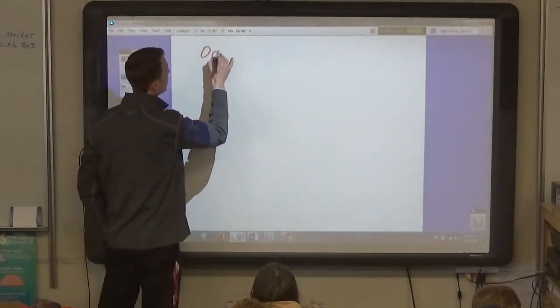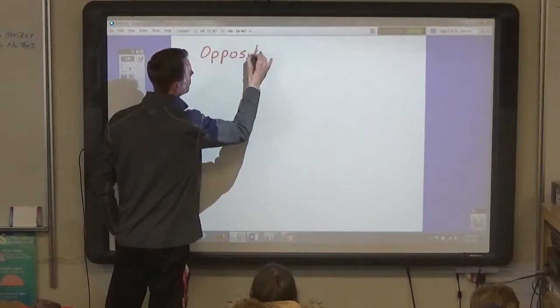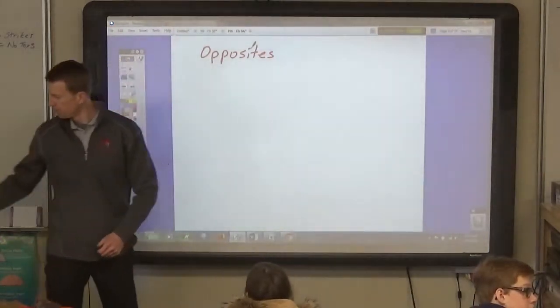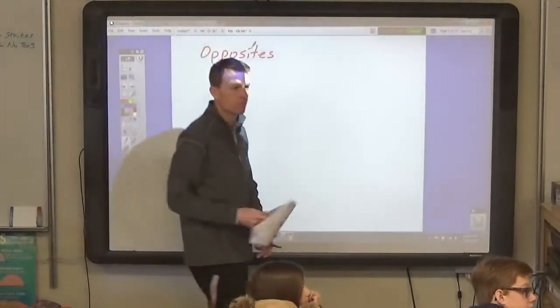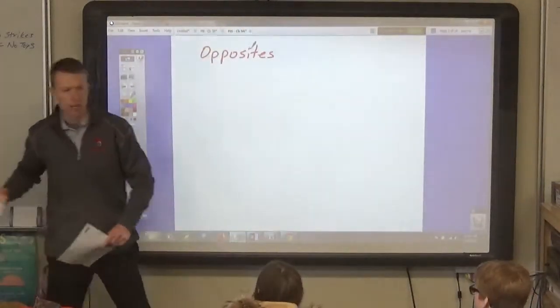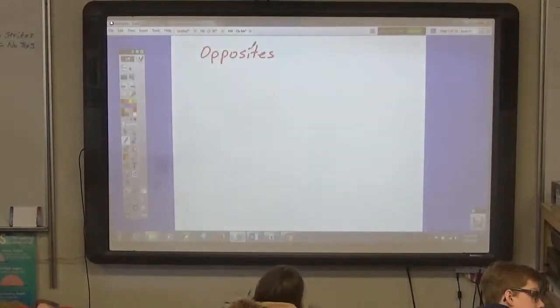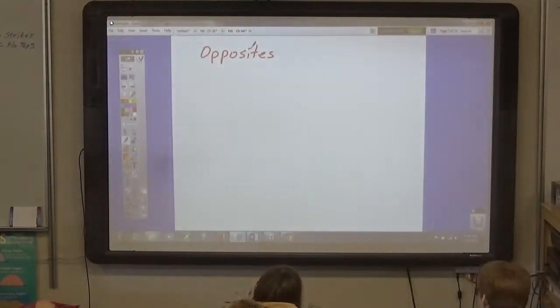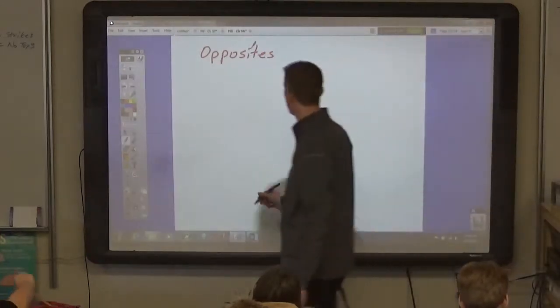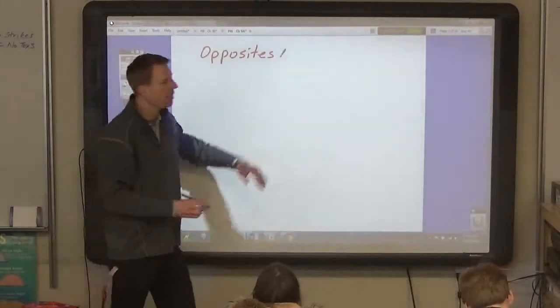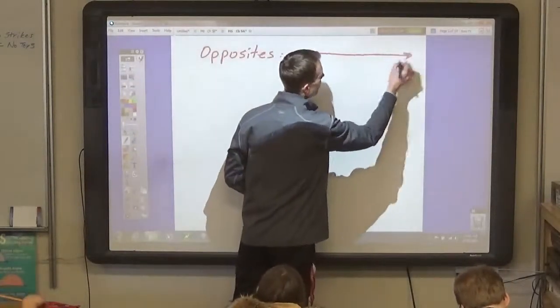Another term that we need to talk about is opposites. Opposites are numbers that are on the opposite side of 0. Opposites refer to the opposite side of 0 on the number line.